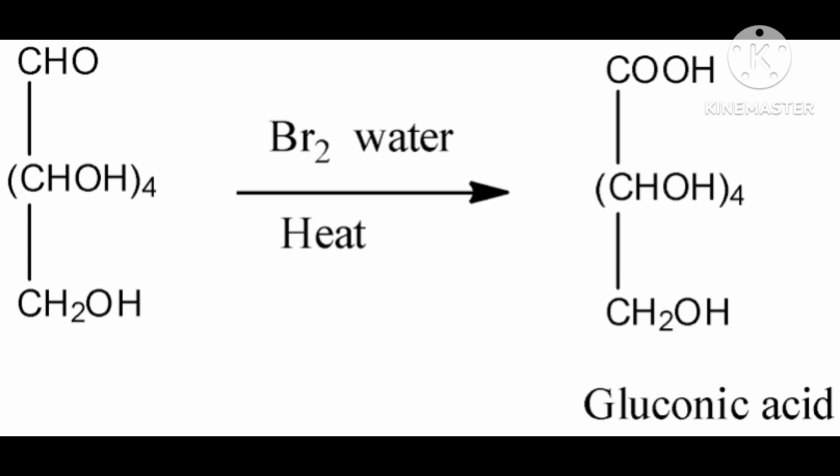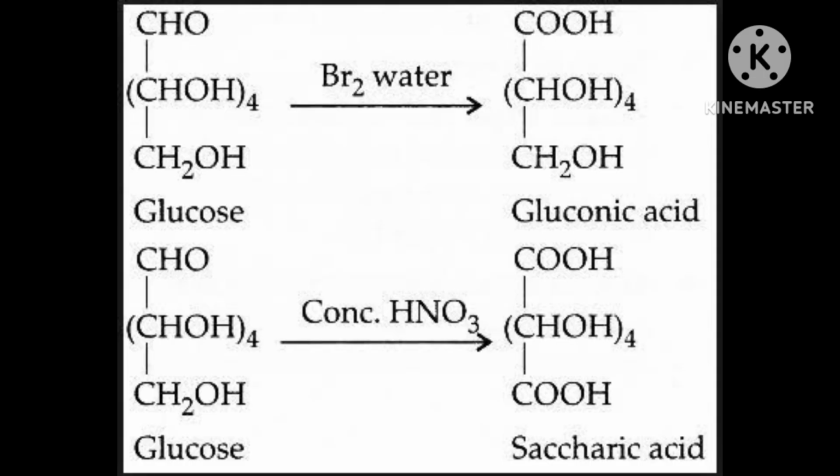Plus means it will rotate plane polarized light to the right direction; that is dextrorotatory. If you take a solution of glucose and pass plane polarized light through it, and it rotates the light to the right, then it is called plus glucose.